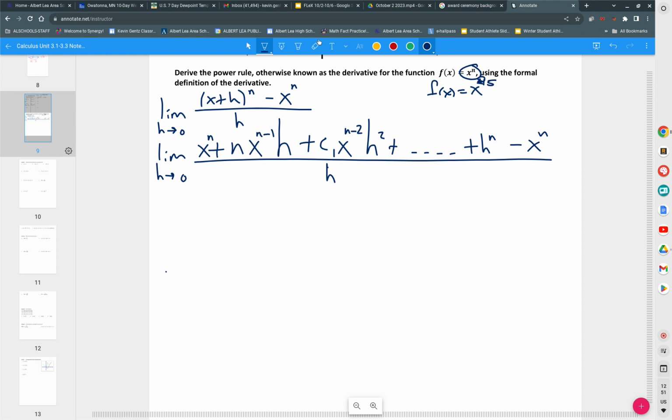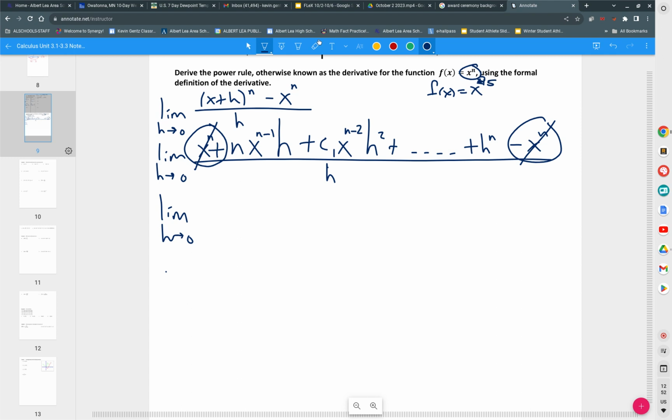That's the toughest part. Now it all becomes super easy. You're going to love it. What happens? X to the nth power cancels. X to the nth cancels with x to the nth. Everything that's left has an h. So what can you do?